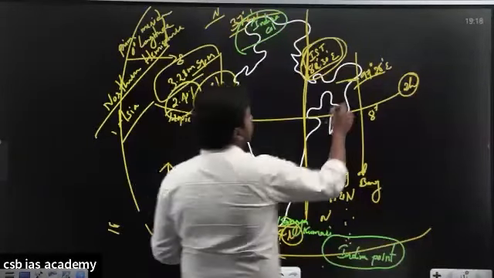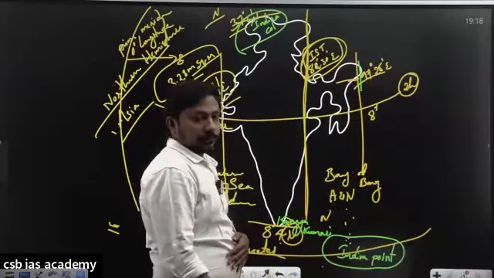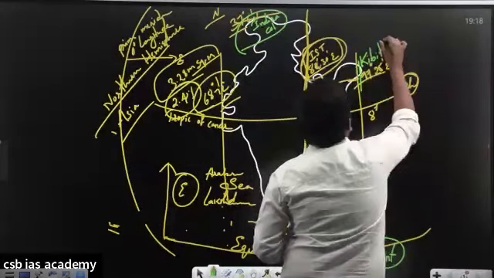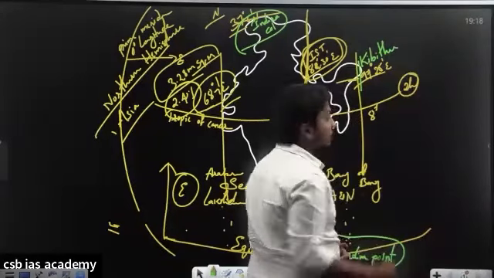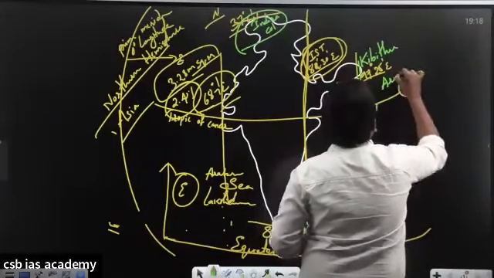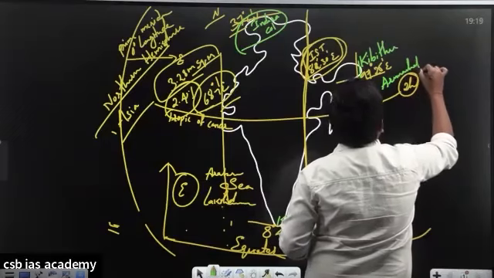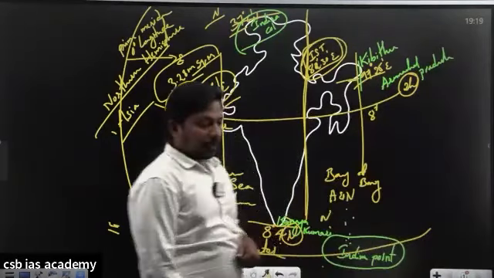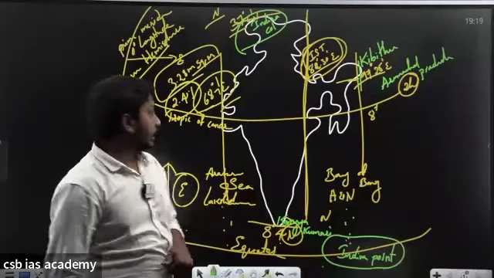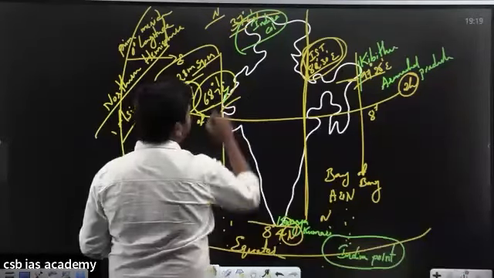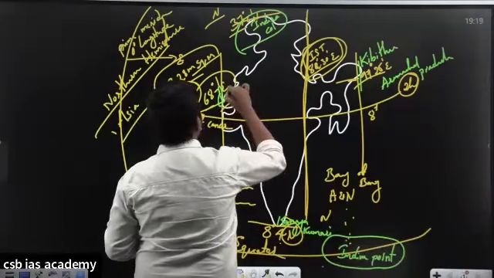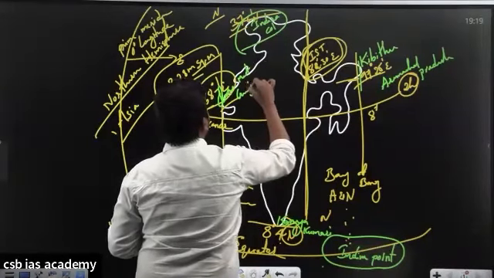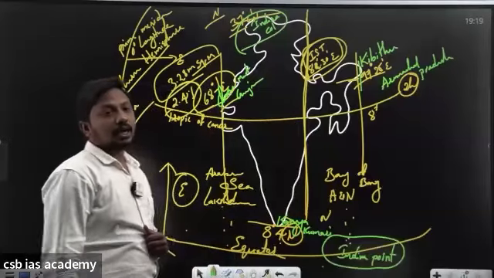And then what is the easternmost tip of our country? It is Kibithu, which is located in Arunachal Pradesh, right? And the westernmost part of the country is Guhar Moti, which is located in Gujarat.